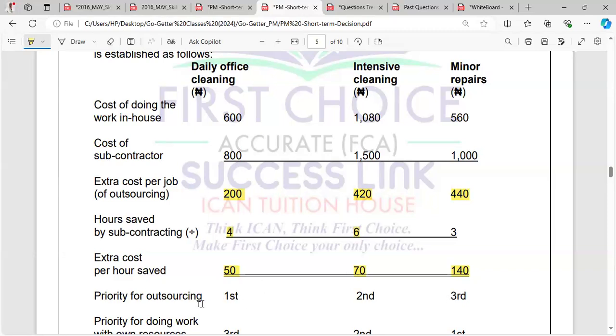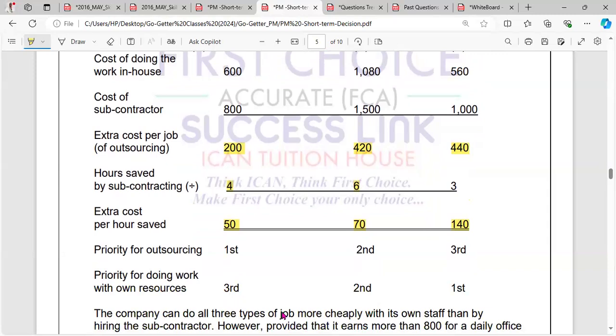Okay, let me explain it this way. 140 naira is the highest cost per hour you are saving. That's why you are seeing it first here. This is still second in both ways. 50 naira is the least cost you are saving.